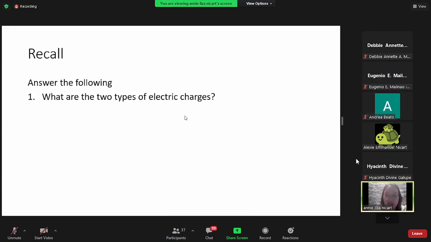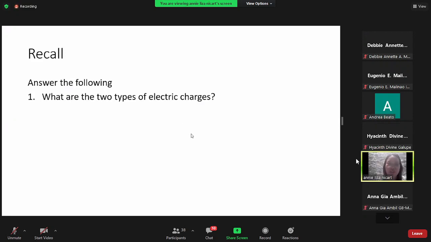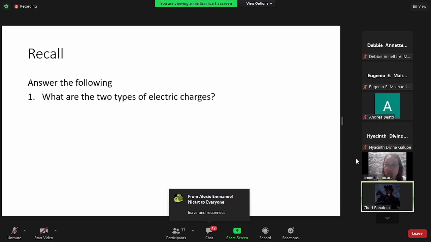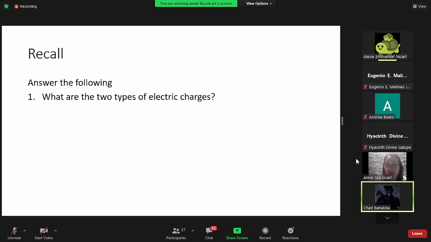Those are the general types of electric charges. Which particle in the atom carries the negative charge? Electron. Very good. What about the positive charge? Proton. Take note that protons are in the nucleus and are hard to remove from it.